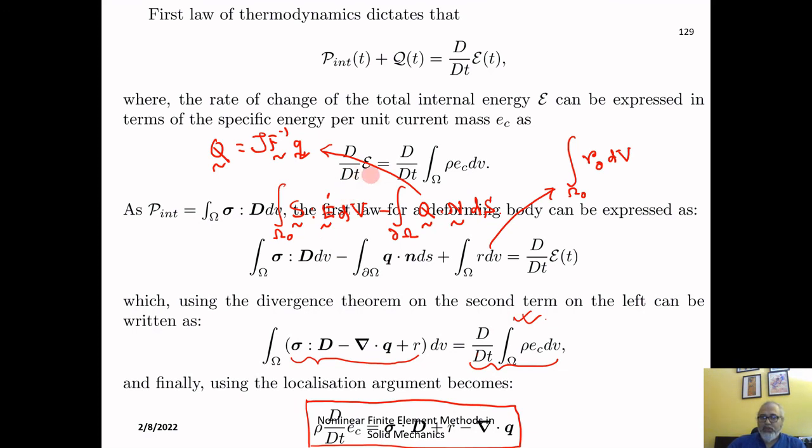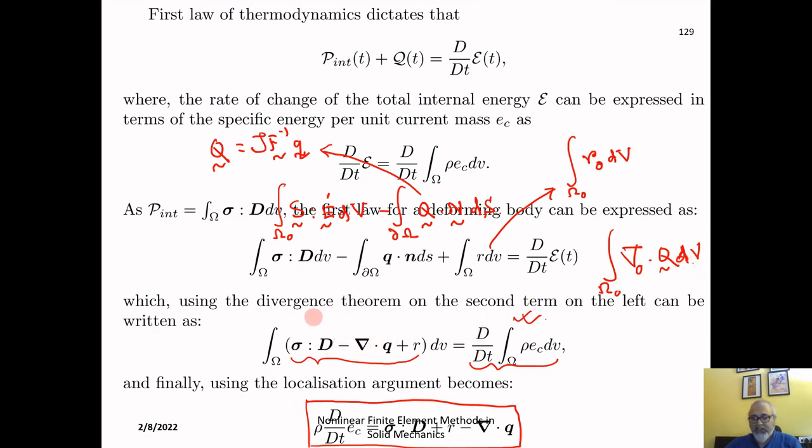So this is what becomes of the left hand side of this equation. When you apply the divergence theorem to this quantity, the second term on the left will become this.